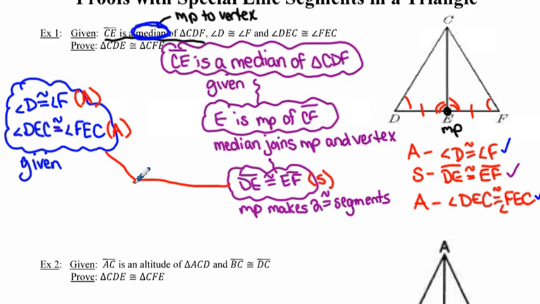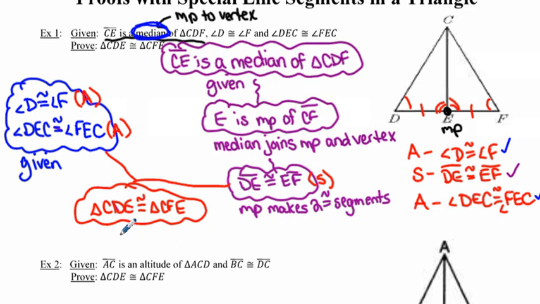If I pull these three pieces together, I can conclude that triangle CDE is congruent to triangle CFE. My reason here from my outline, angle side angle. So that's a nice example of how you would write about a median in your proof.